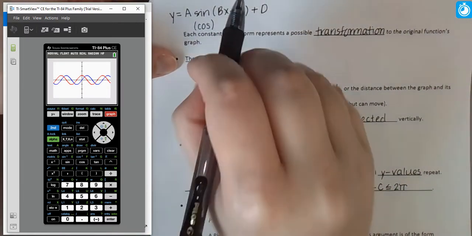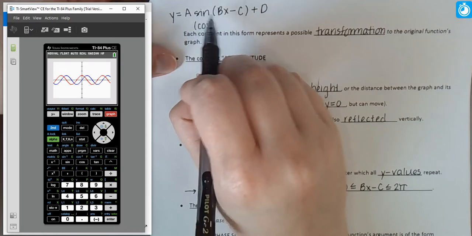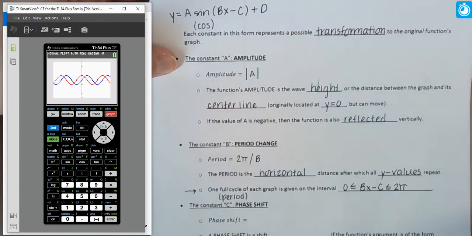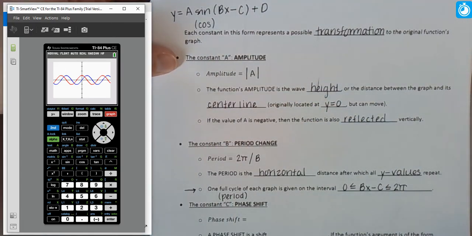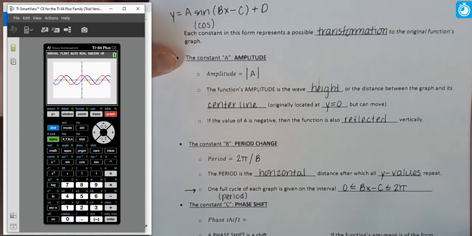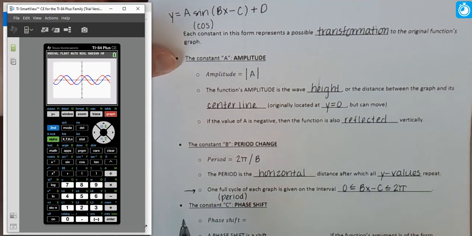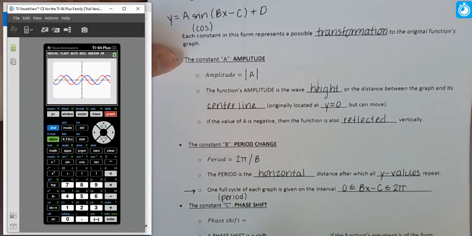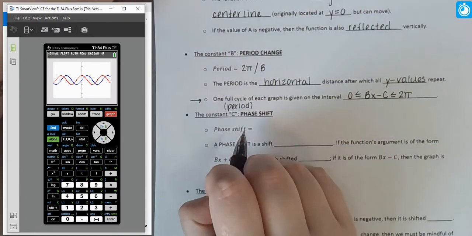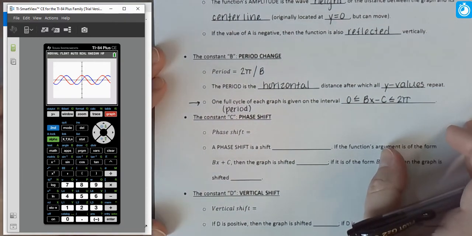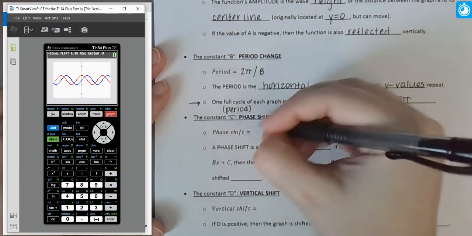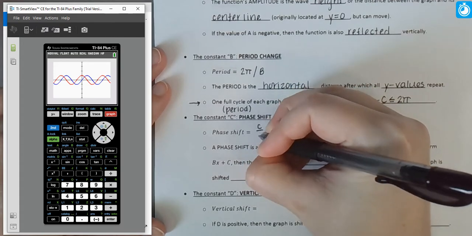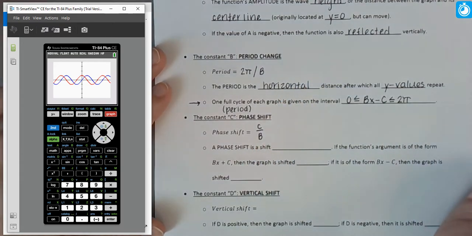Now the constant c, something added or subtracted onto our input, typically represents a horizontal shift if we're talking about standard parent functions. When we're talking about trig functions, we refer to a horizontal shift as a phase shift. The amount of the shift is defined as c divided by b.